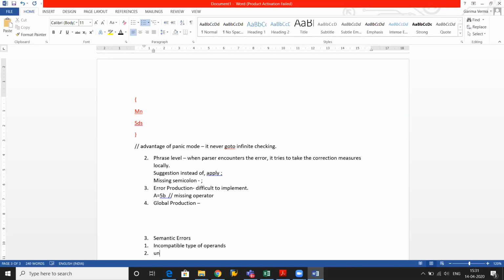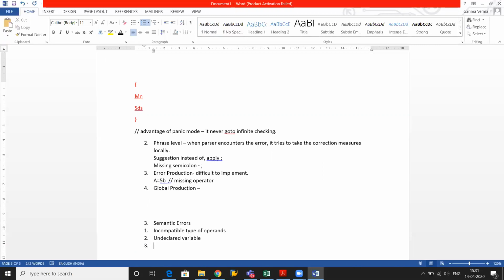Next can be undeclared variable. Third can be not matching parameters. These types of errors you can find in the semantic error category.